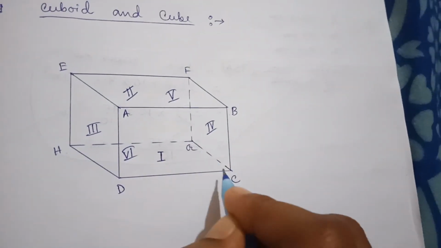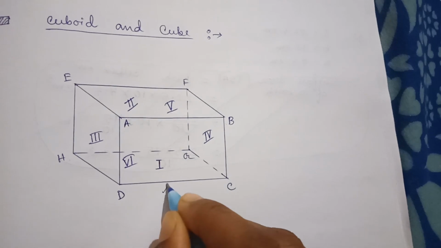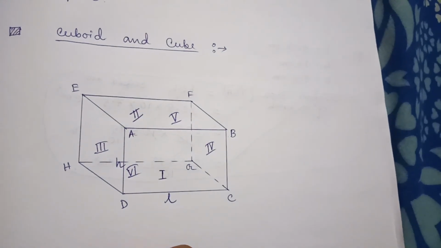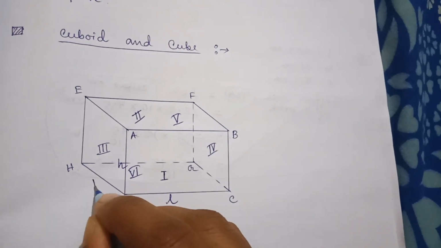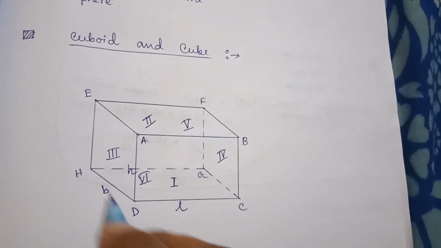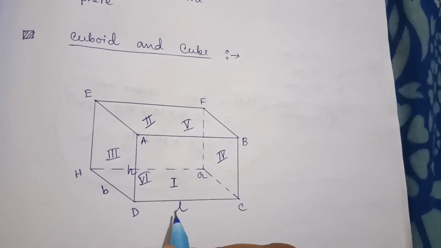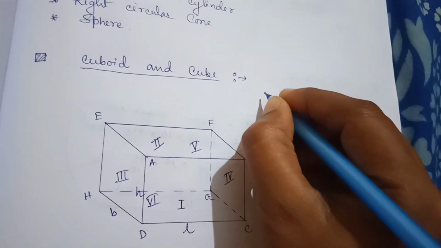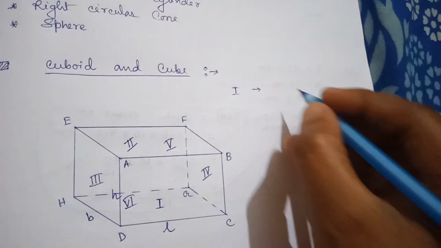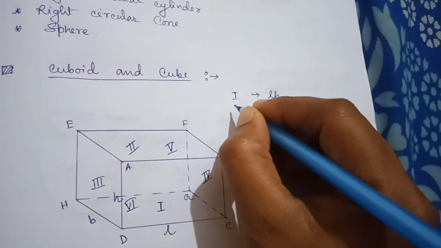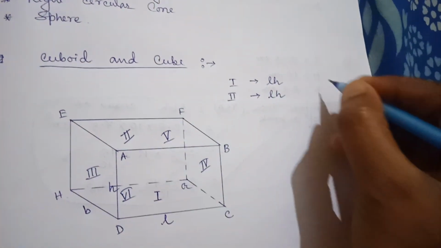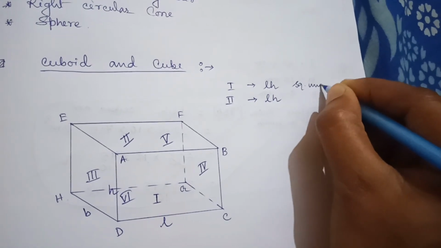Now we take this one as length L, this one as height H and this one as breadth B. The front face, number 1, will have area L into H, that means LH. Number 2, the back face, will be the same LH. Obviously these all will be square units.